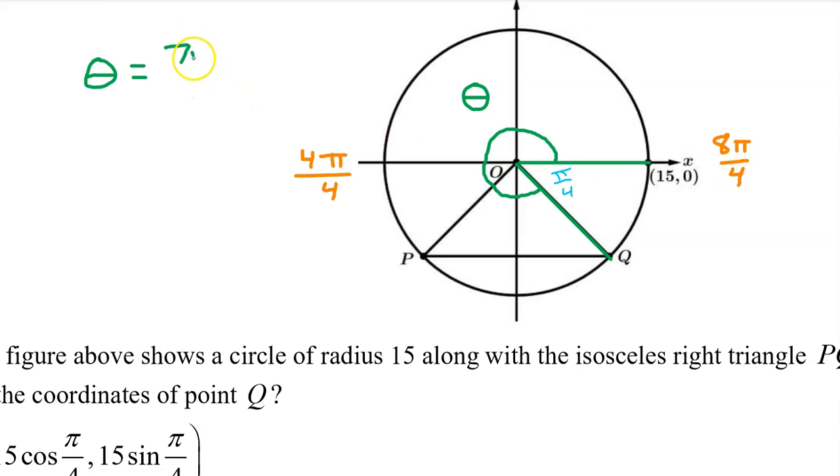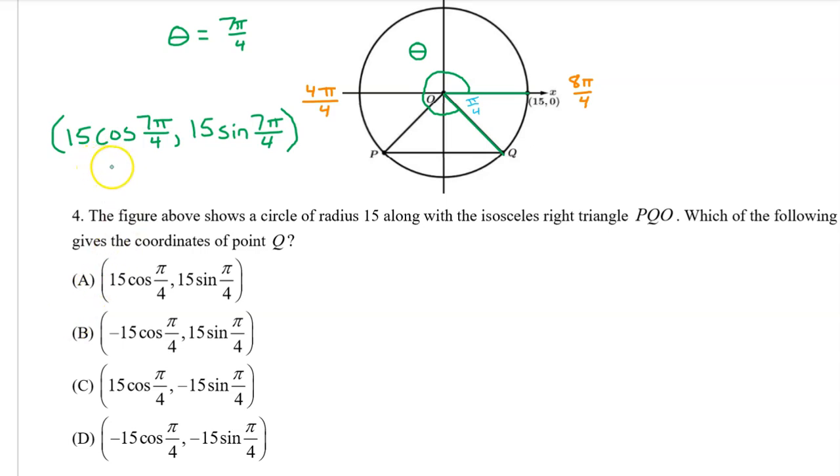So it must be 7 pi over 4. But now we run into a problem. The coordinates of point Q are given by 15 cosine 7 pi over 4, comma 15 sine 7 pi over 4. But that doesn't match any of the answer choices. This is correct, but the answer must be written in an equivalent form.